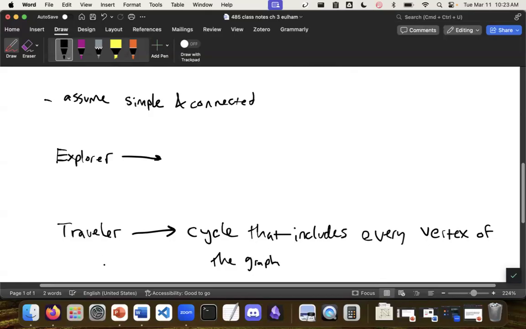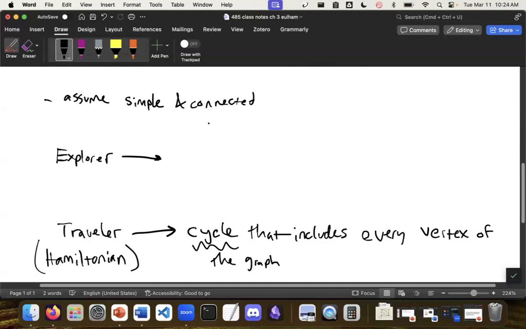And we call this one the traveler's problem, to find this cycle. The name we give this is Hamiltonian. And that's the term that we're going to use going forward. So this sort of cycle is called a Hamiltonian cycle, named after a guy named Hamilton.